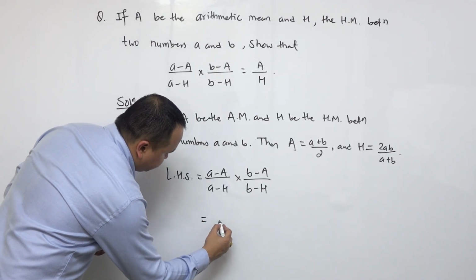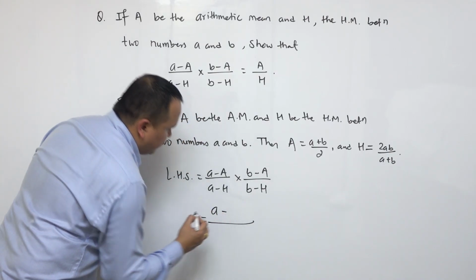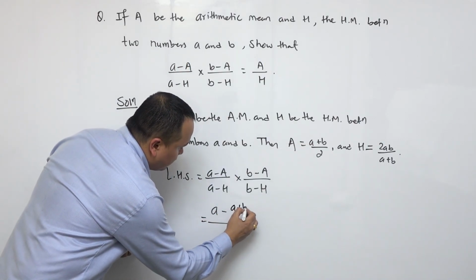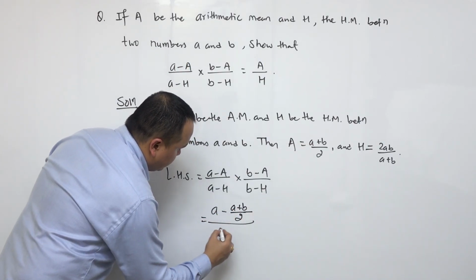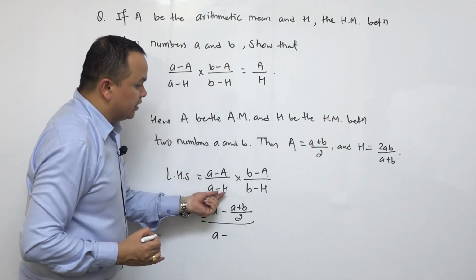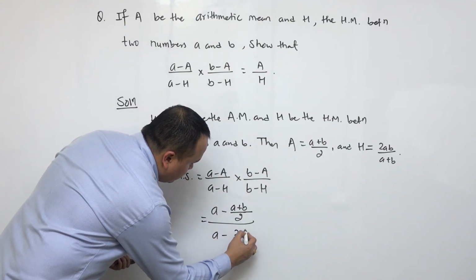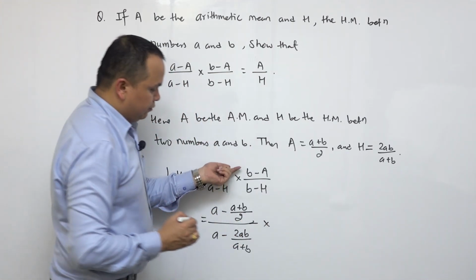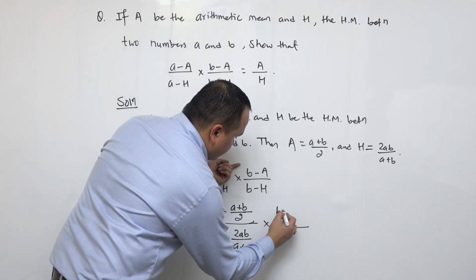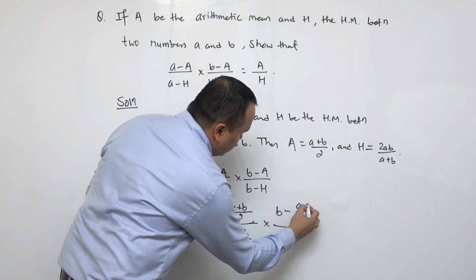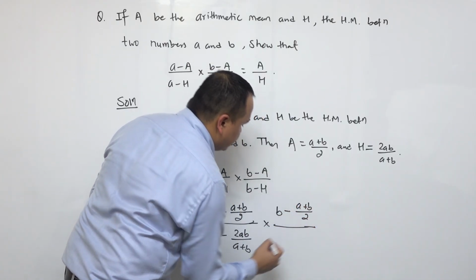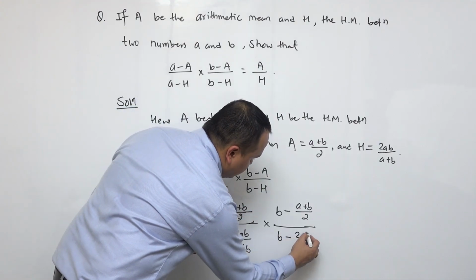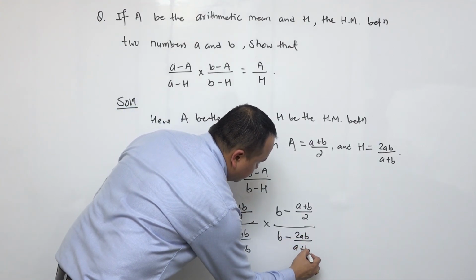This is a minus capital A, we have A equal to (a plus b) by 2, upon a minus H, H is 2ab upon (a plus b), into b minus (a plus b) by 2 upon b minus H. This is 2ab upon (a plus b).